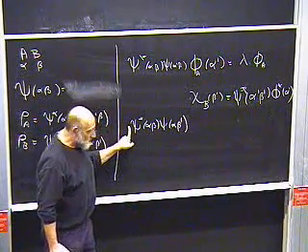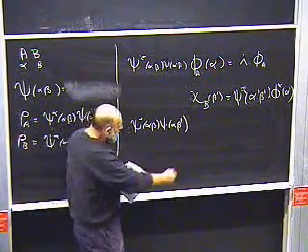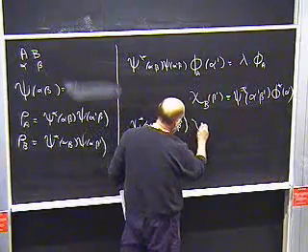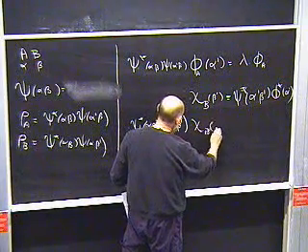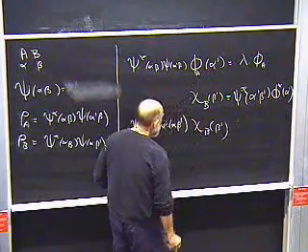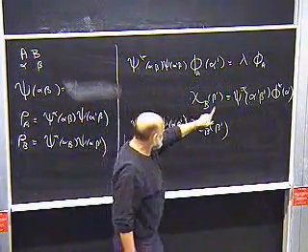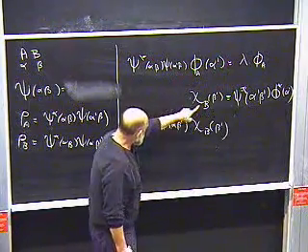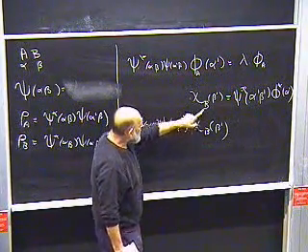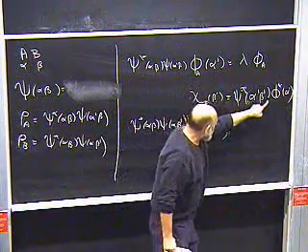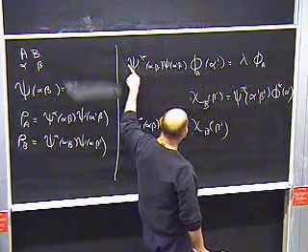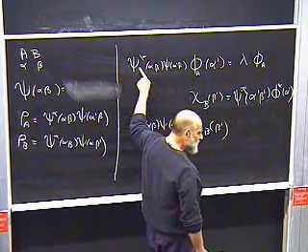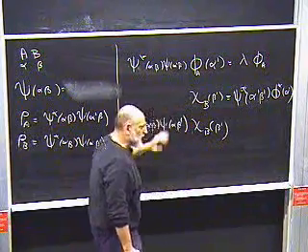This is rho B. Okay? We multiply this by chi B of beta prime. Then use the definition of chi B, and then use the fact that phi is an eigenvector of rho A, and it'll pop out for you.